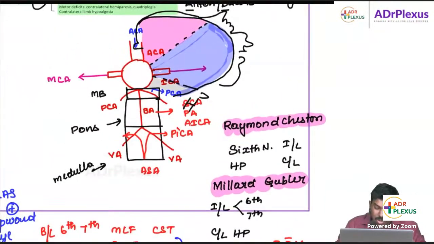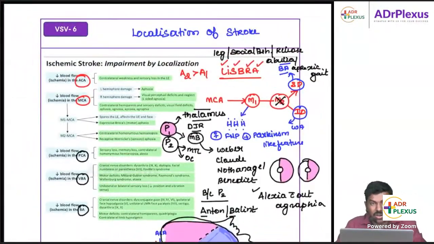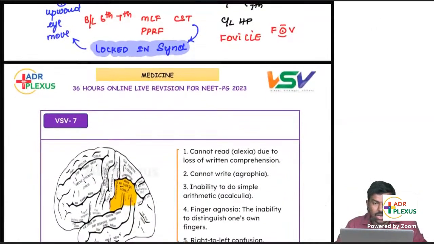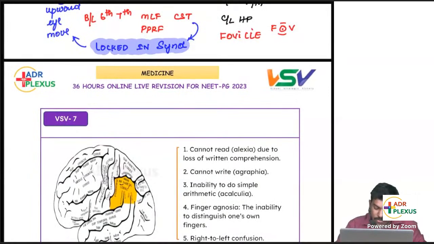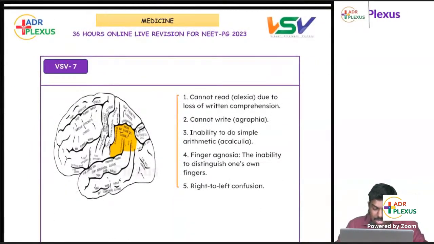So in short, we have discussed all the arterial territories getting involved in neurology. Then coming to the next thing, we have discussed a lot of things in the lobes of the brain.